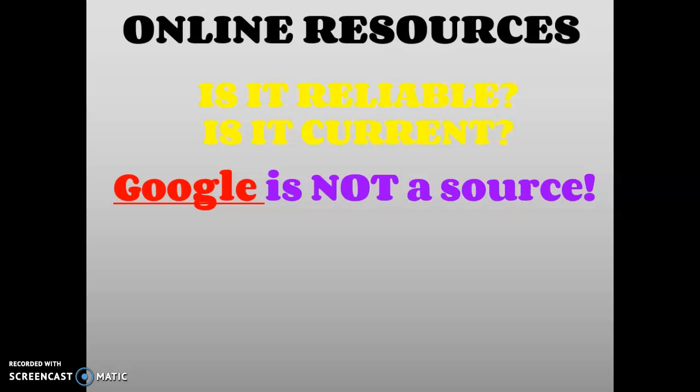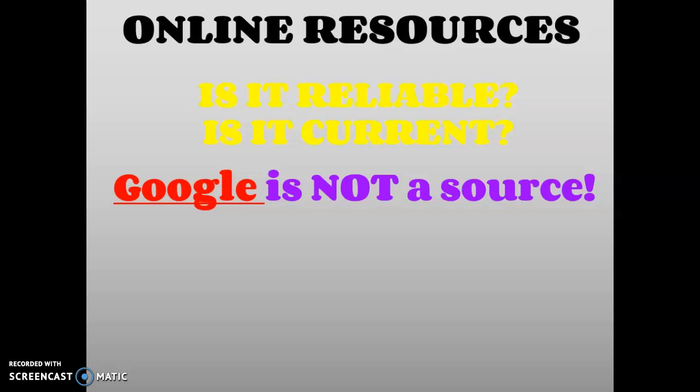Google is not a source. It is a search engine. Google does not post any information. They borrow the information from Reuters. They borrow the information from a .com website. So it is not theirs. Never use Google as a source.